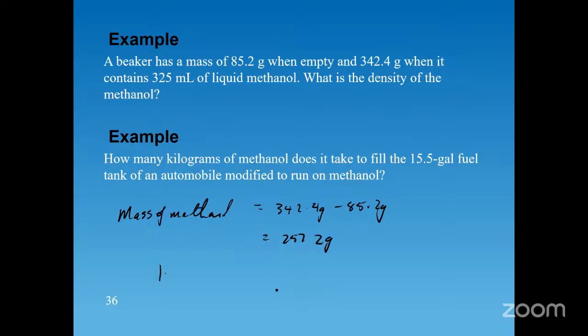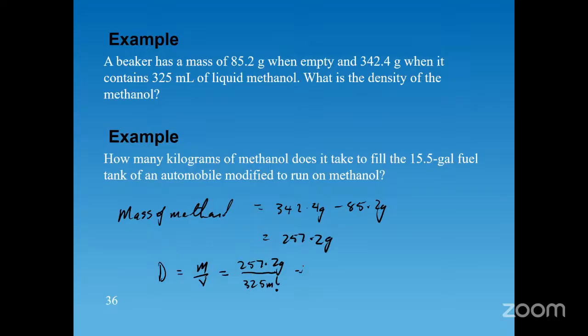So to find the density now, that will be equal to the mass divided by the volume. We just calculated the mass, which is, oh, wait a minute. Decimal point here. Okay, so in the case of the mass of the methanol, that's 257.2 grams divided by the volume. What's the volume? The volume is 325 mL.